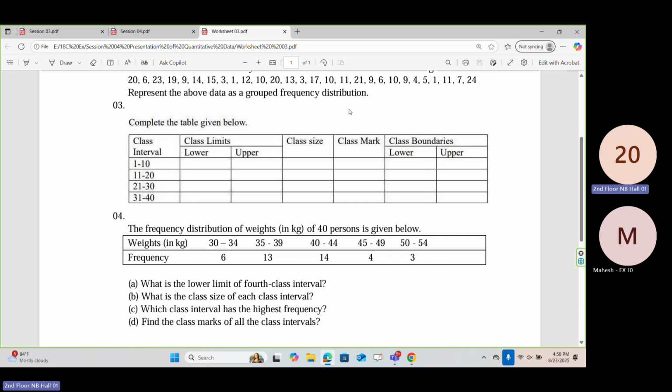Which class interval has the highest frequency? 40 to 44. Find the class marks for all the class intervals. Here also, every class interval has the same class size. Initially, the first one we need to find is 32. Then we add 5. The next one is 37, then 42, 47 and 52.